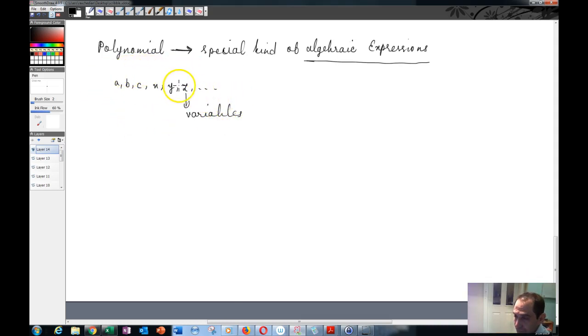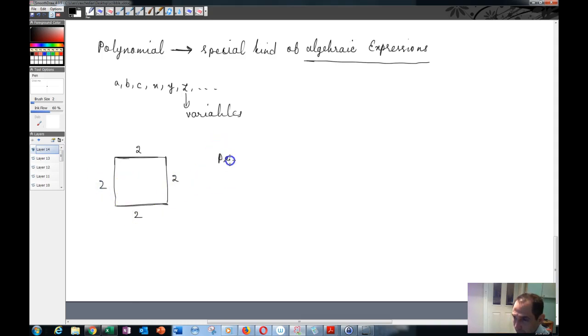Now, a variable, let me start this way. For example, let's say that you have a square over here, and the side length of this square is, for example, 2 units, 2 units, 2 units, and 2 units.